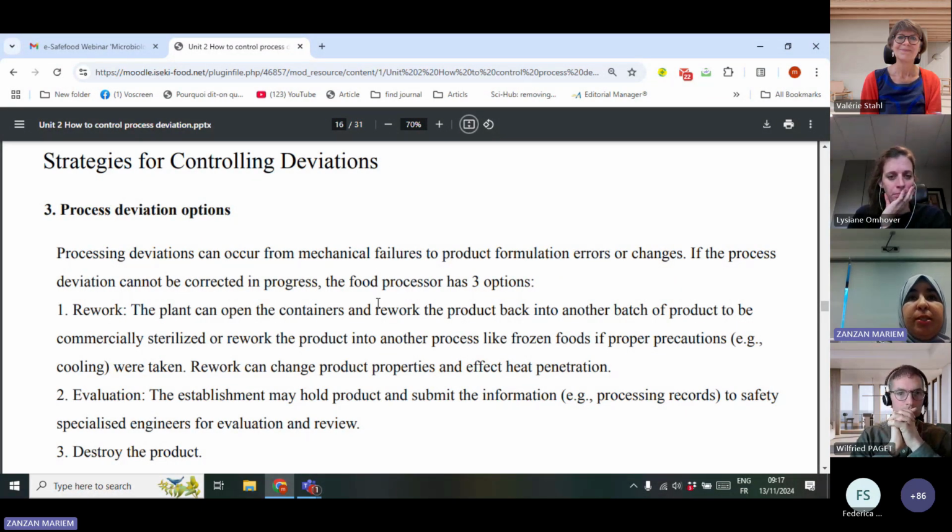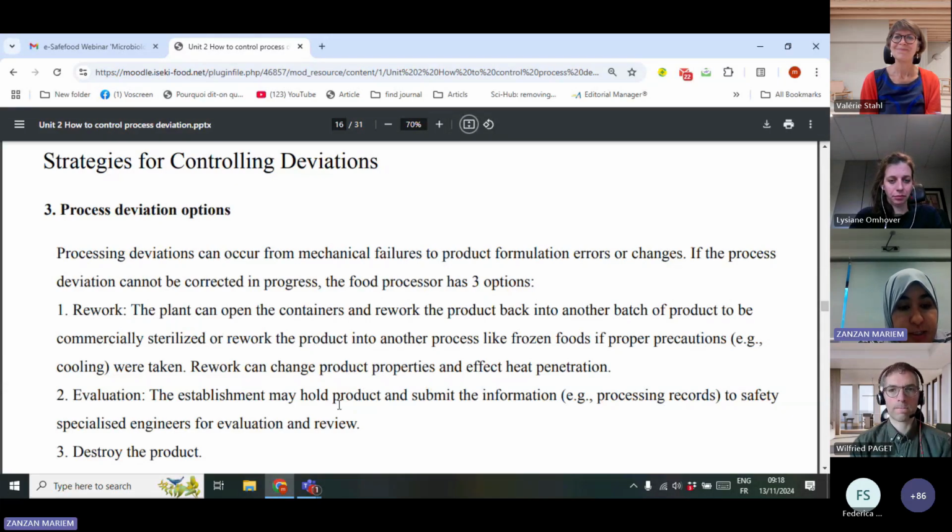So instead of being a raw material for the process, it can be an ingredient in another process. But the problem with this rework is that it can change the product properties and can affect the heat penetration.